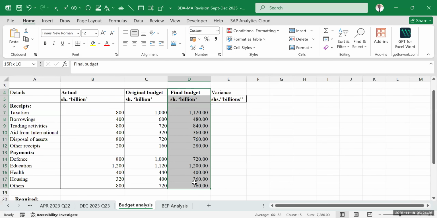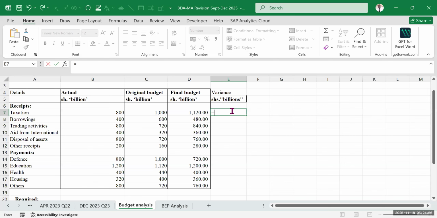But because of obvious reasons, you cannot always have an ideal situation. That's why the actual figures are coming in. So we compare in reference to what we expected to have taken place. So I will come here and get the variance by putting an equal sign.